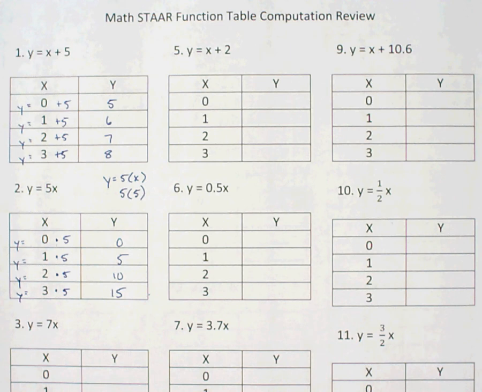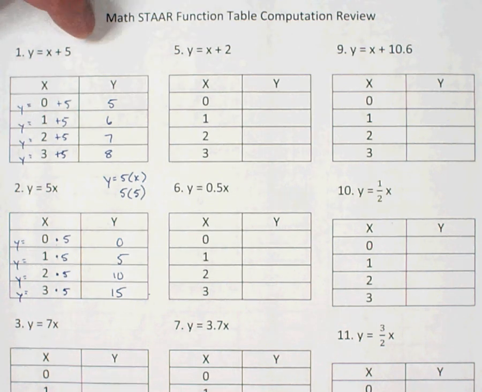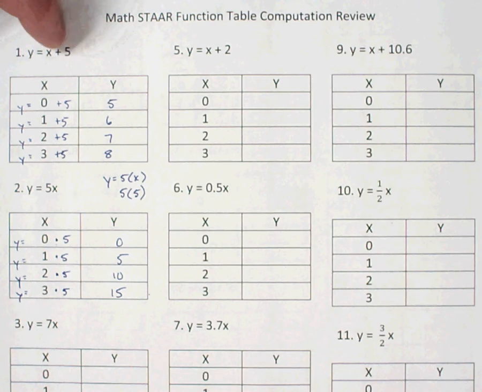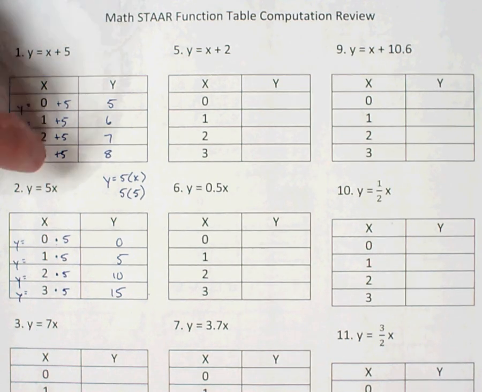Now what you're going to see on the rest of the practice is just some variation of those two patterns. We've got our addition pattern, where we're adding a number to our input each time, or our multiplication pattern, where we're multiplying by the number.